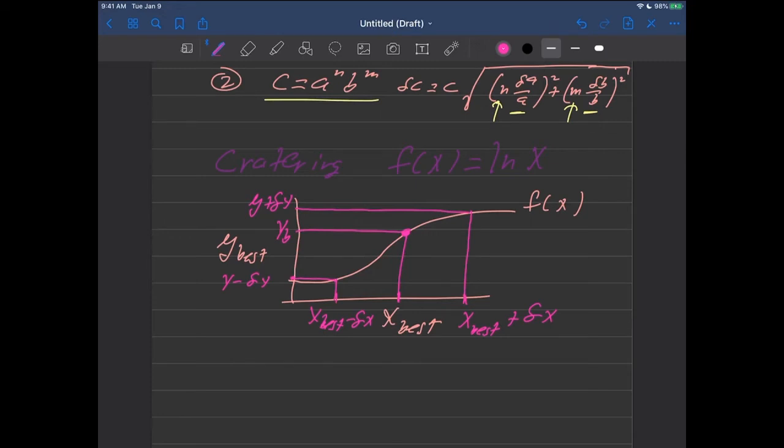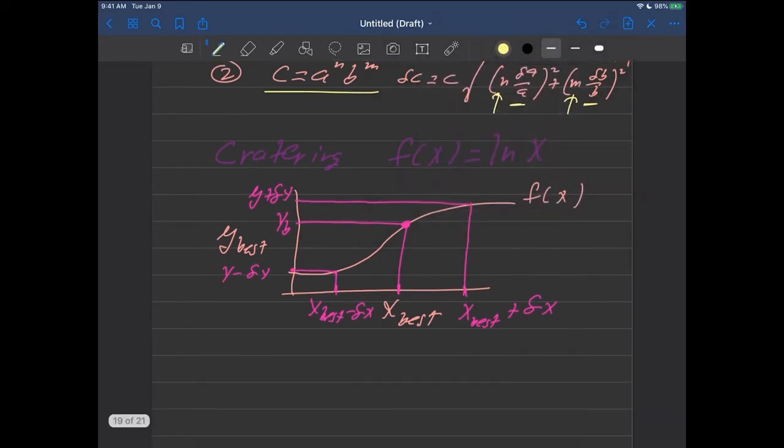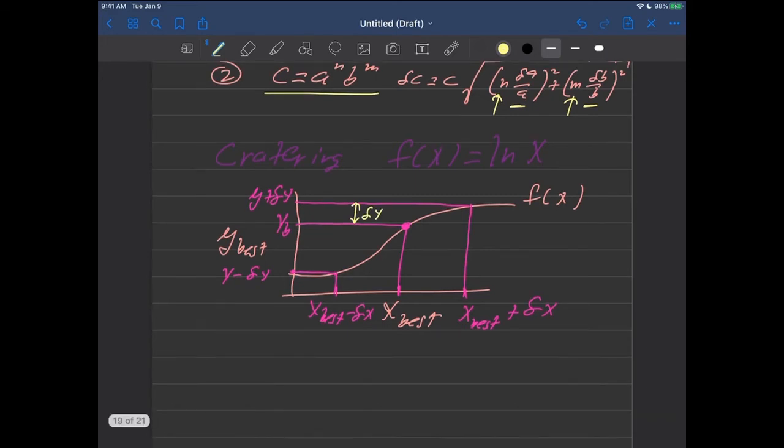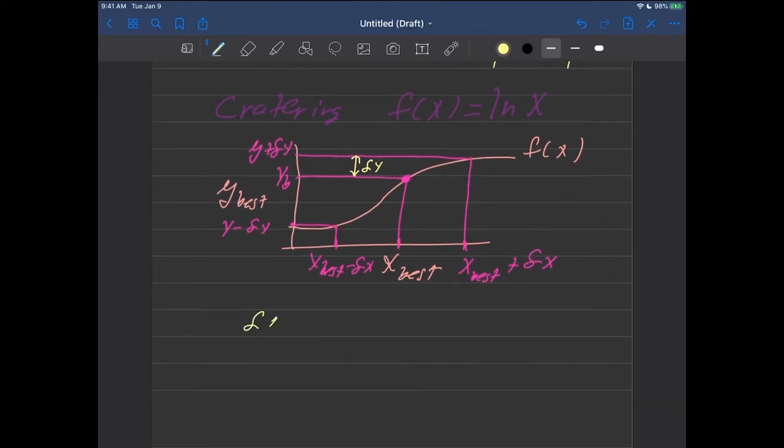If you look at it, you can see that on the graph this distance right here is basically delta y, the uncertainty in y. That's what we're trying to shoot for. And if you look very carefully at the way it looks here, you can see that delta y is basically the function f of x plus delta x, right?